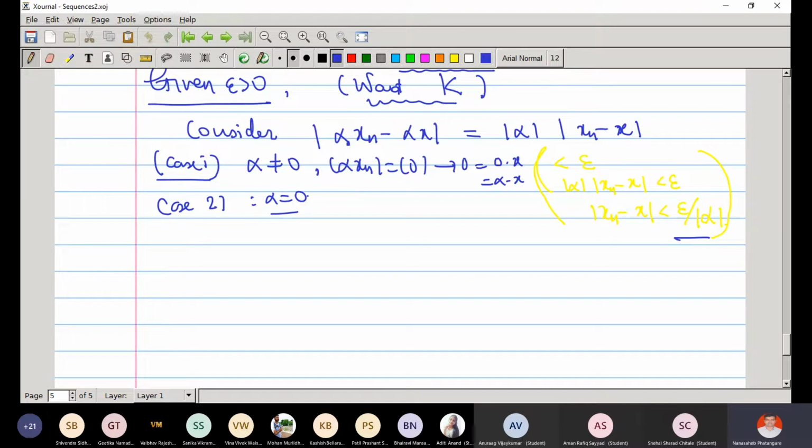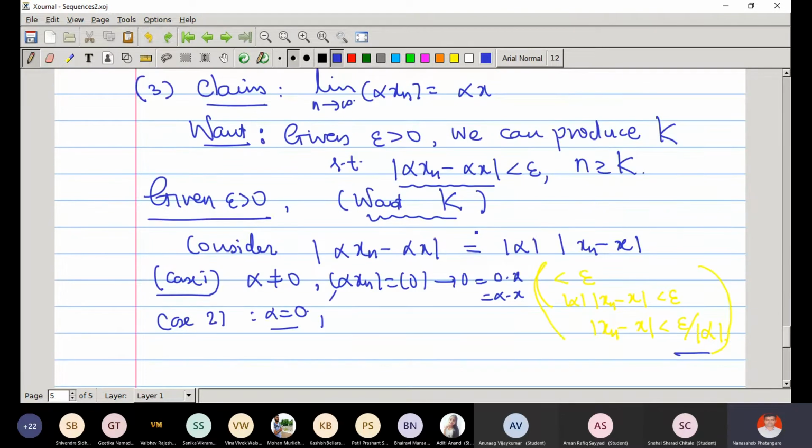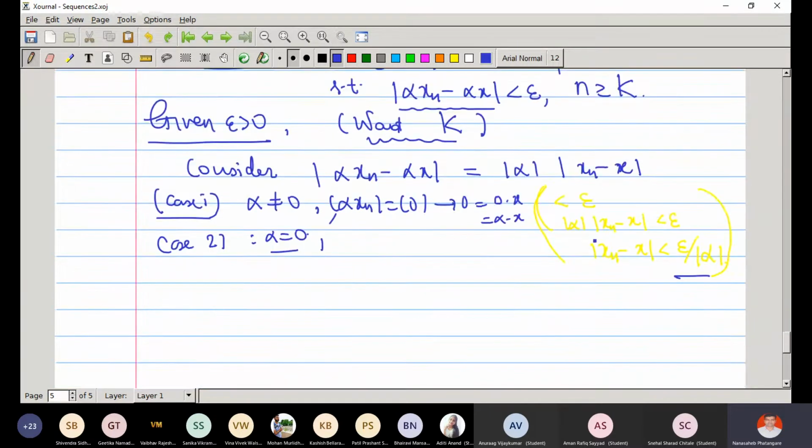If you want to make alpha times xn minus alpha x less than epsilon, that means what? See, this step is important. Given epsilon, how to produce k so that this difference would be less? Epsilon is given, now you want to produce k. In yellow color I have written something.